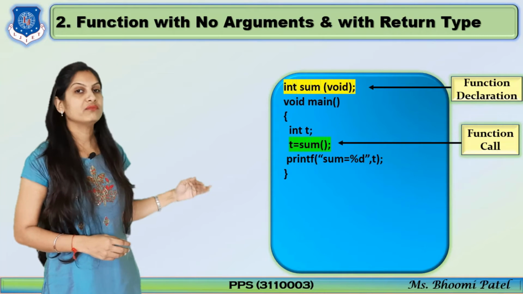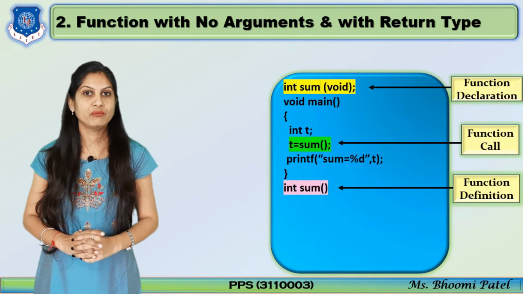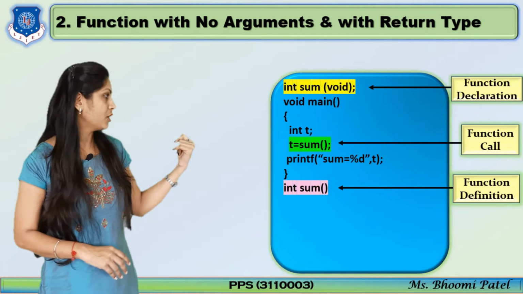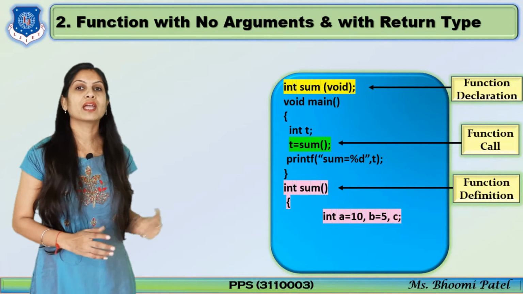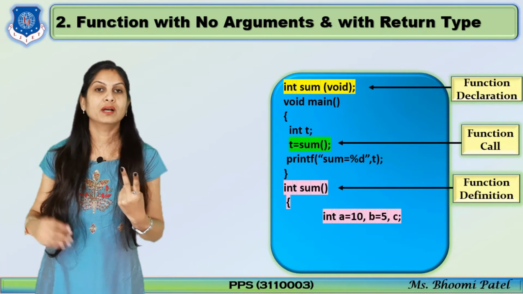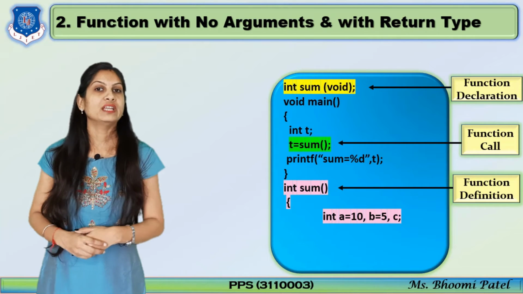And after void main, we have to write the function definition. It is the same as previous, we just change void to int, then sum, and inside curly brackets we write two input variables, int a = 10, b = 5, and the output is stored in c.